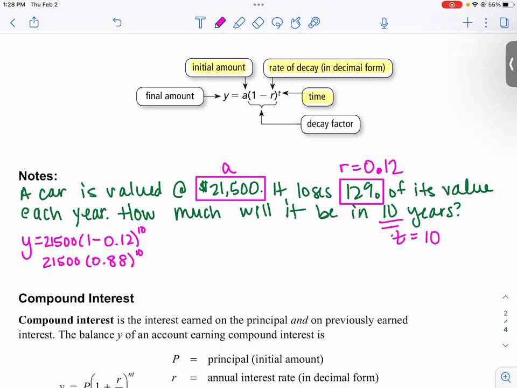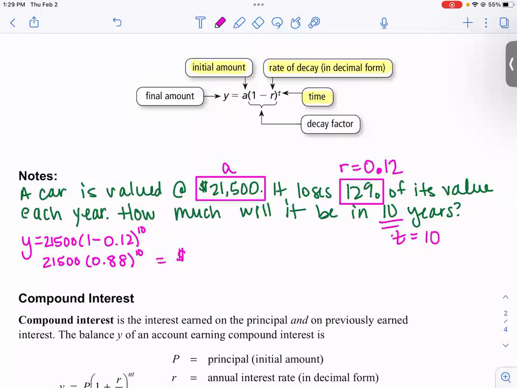Not negative. 1 minus 0.12. Okay. So now if we take 0.88 to the 10th power, leaving that in our calculator, multiply it by 12,500.